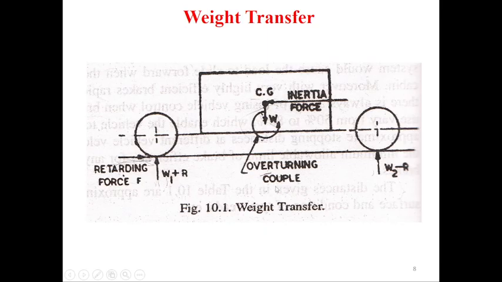Thus the retarding force is required at different points of weight transfer. This weight transfer is important to calculate the load on the vehicle to keep the efficiency between 50% and 80%.